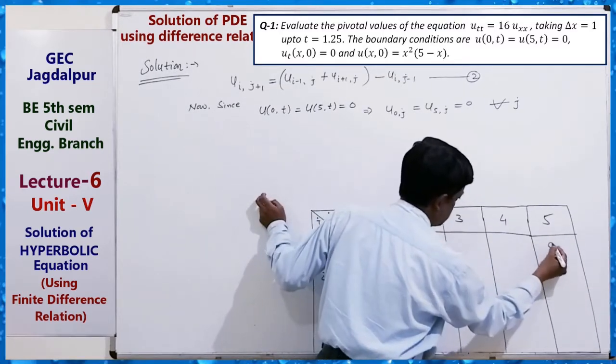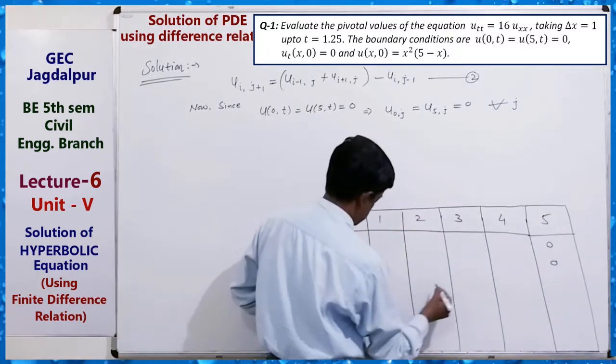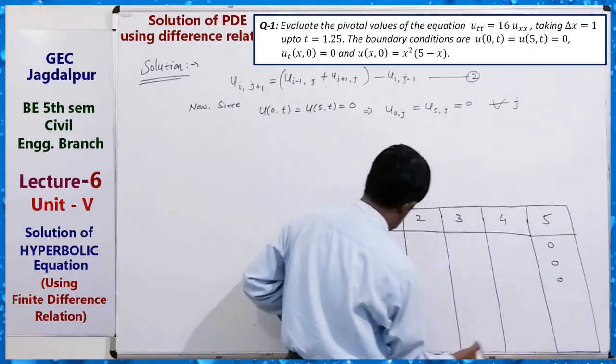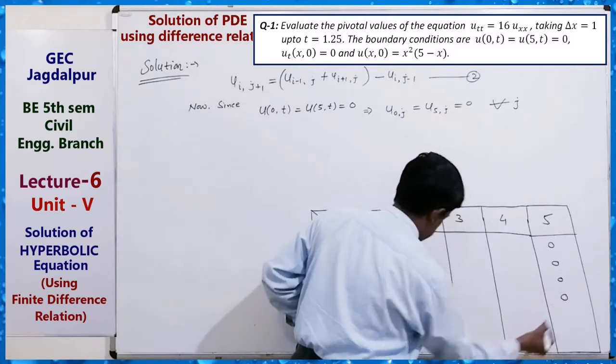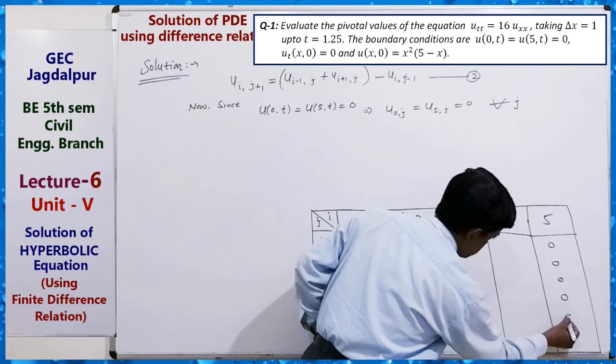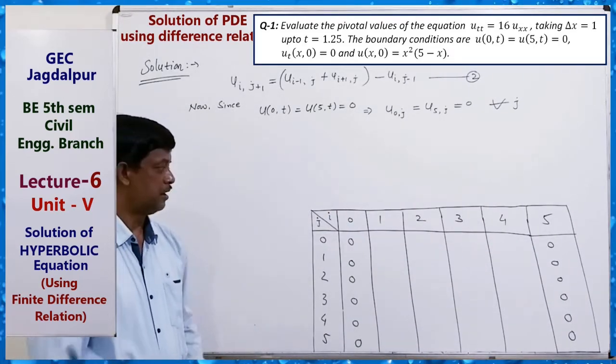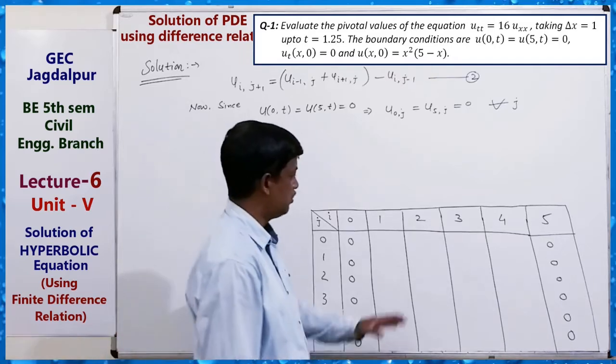So here also 0. Clear? Now our required values are here.